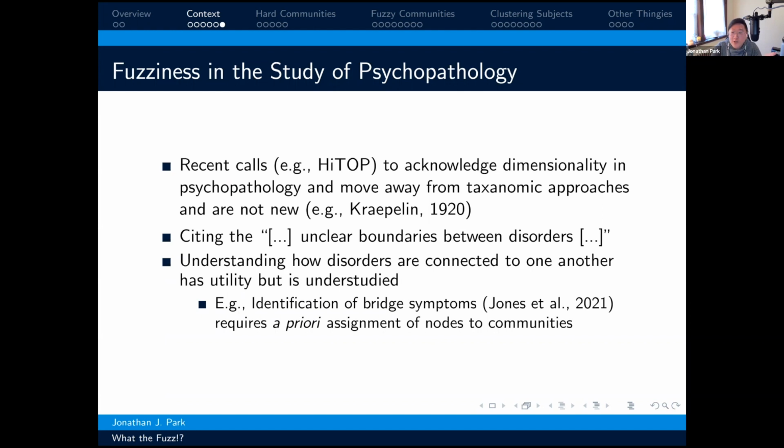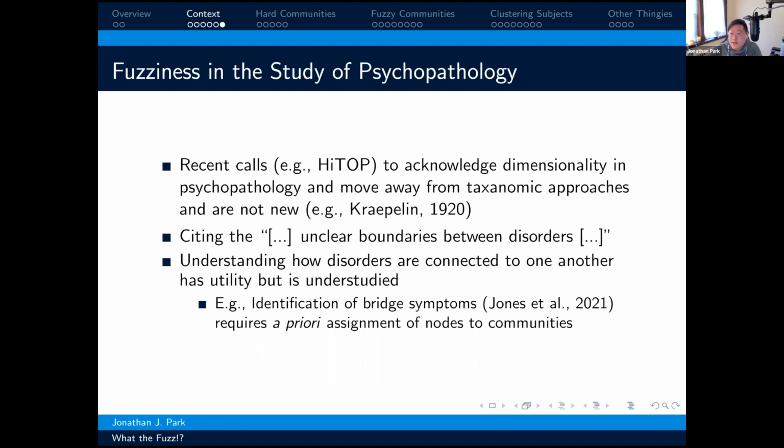And these calls aren't new, right? So HiTOP is from like the 2010s, but Kraepelin, where the Kraepelinian dichotomy comes from, which is kind of the categorization of psychopathologies, Kraepelin himself in his later life in the 1920s wrote that it's almost impossible to deny that it's very difficult to come up with a firm diagnosis one way or another for various disorders.